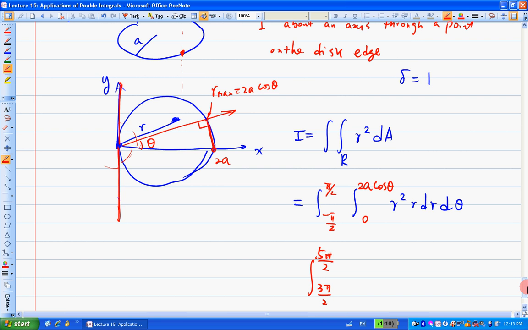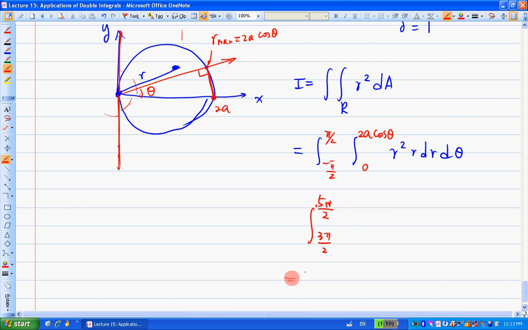Okay, so this integral here, we're not going to calculate fully. I'll just show you what it is. Let's carry out this integral and see what it gives us.